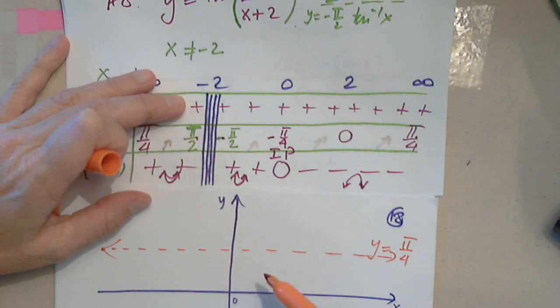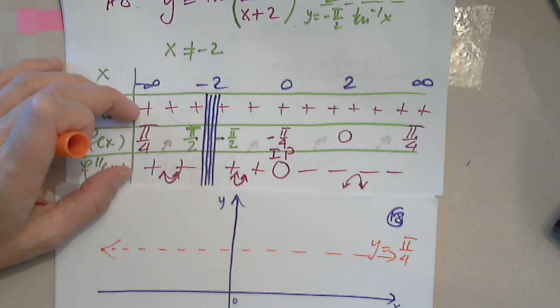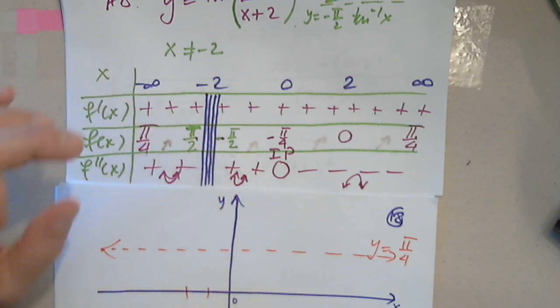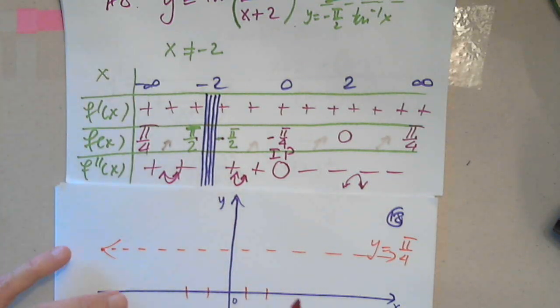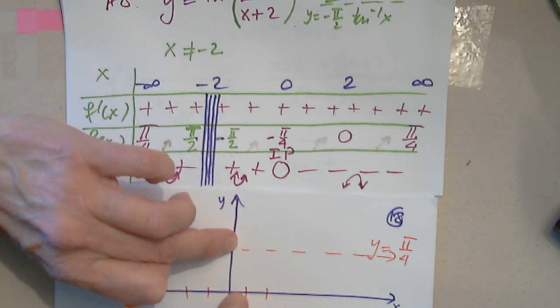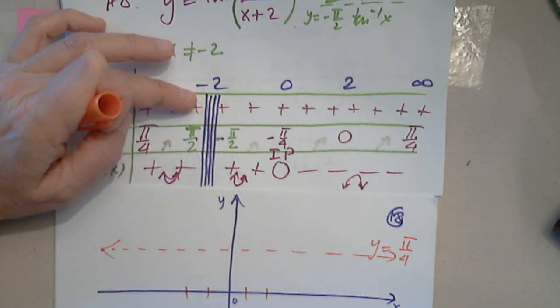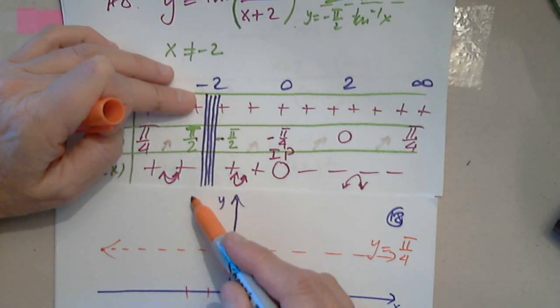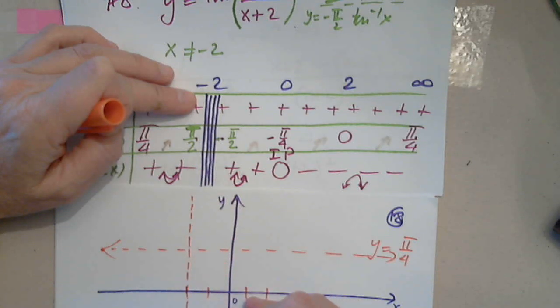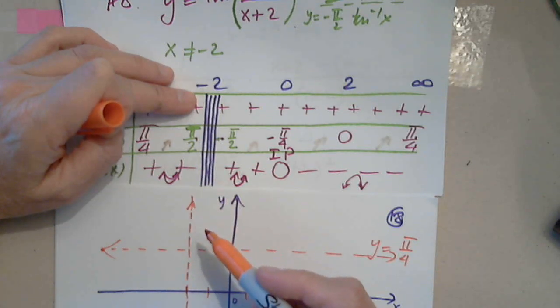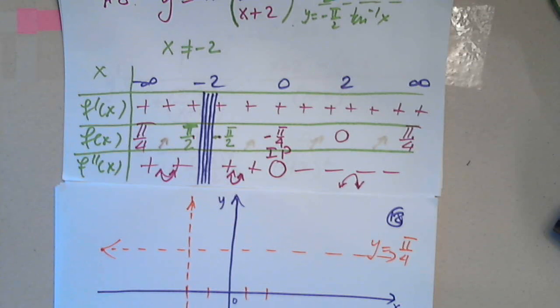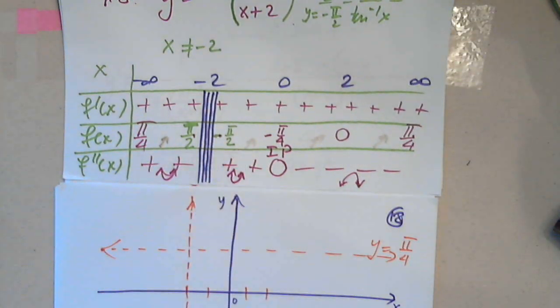At -2, so if this is 1, oops, I'm just going to say that I'm taking different units. So this is 1 and this is kind of 1. Okay, different unit. So at -2, the function has a vertical asymptote. I'm sorry, I jumped. This doesn't. I have something else in there. Sorry.